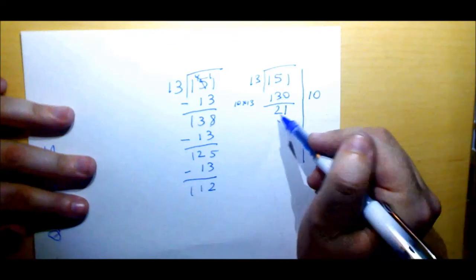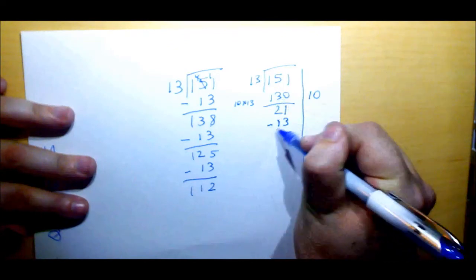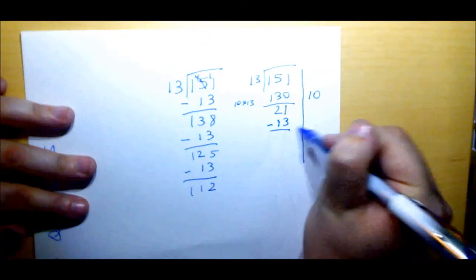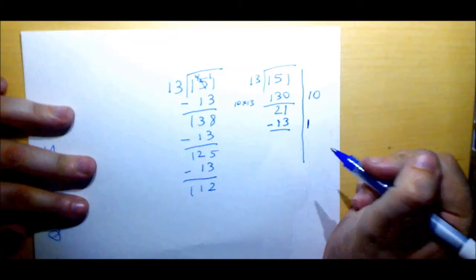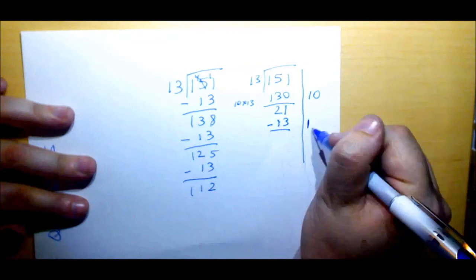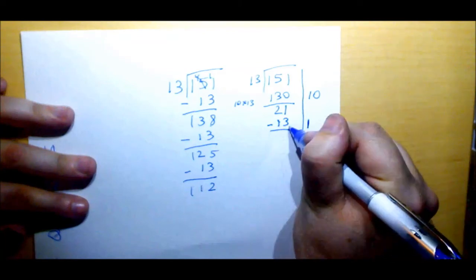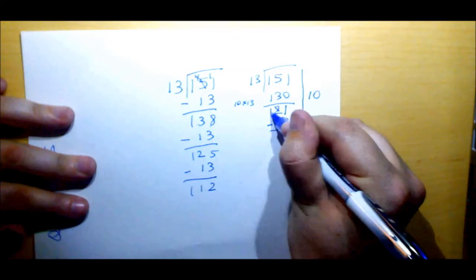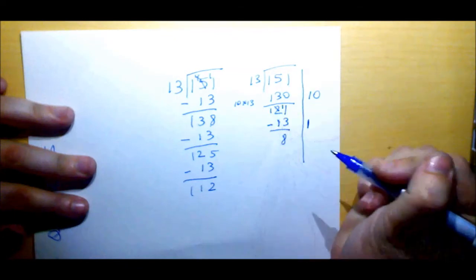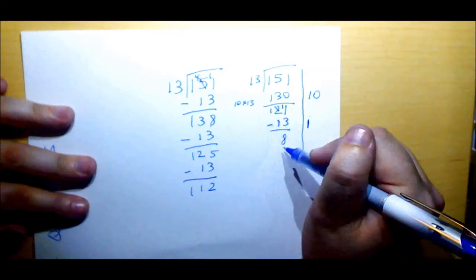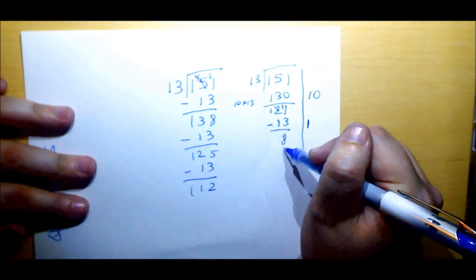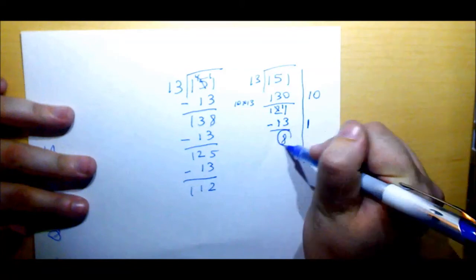But this is so small that I can only subtract 13 one time. To show that I only subtracted it one time, I'm going to put a 1 right here. So that leaves me with 8. Now I cannot subtract 13 from this at all. It's too small. Well, I just found my remainder.